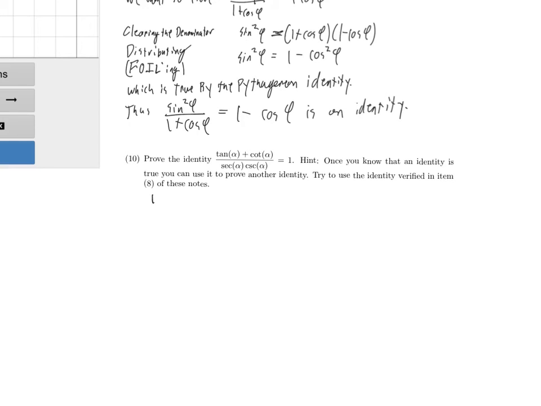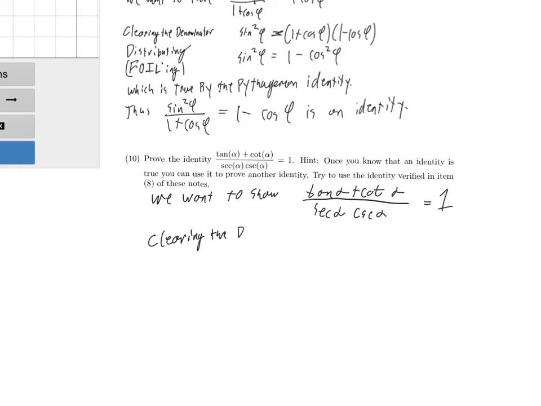So let's try to reduce this equation to that one. And I kind of see an obvious thing to do. Let's clear the denominator. So we want to show tangent of alpha plus cotangent of alpha divided by secant alpha cosecant alpha is identically equal to 1. Well, clearing the denominator, we get tangent alpha plus cotangent alpha is equal to secant alpha cosecant alpha.